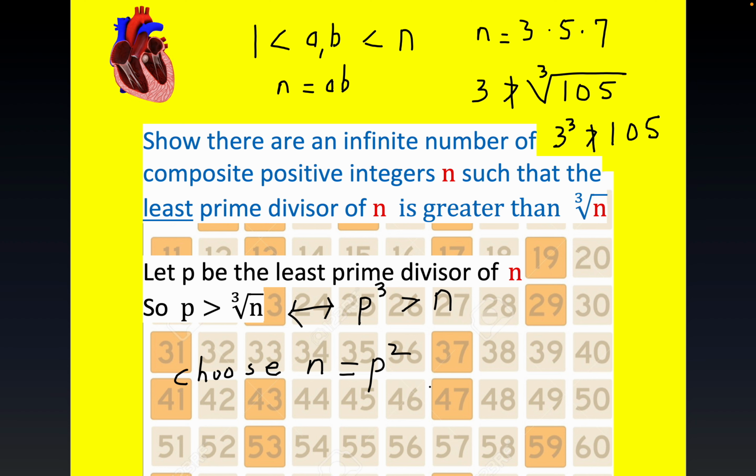Now this is kind of trivial. There's another class of numbers that you may want to figure out. It takes a little bit more time. But since the primes are infinite, we're done. QED, due to the infinitude of the primes. The primes are infinite, there's an infinite number of primes.